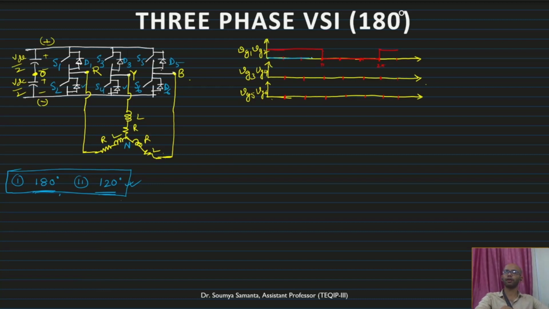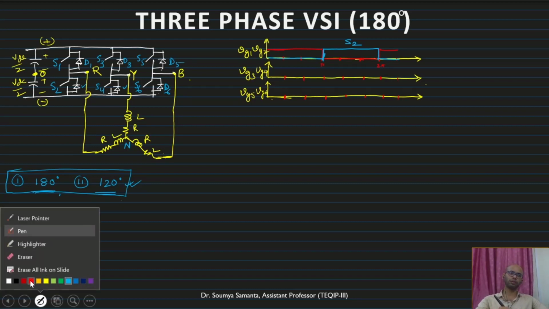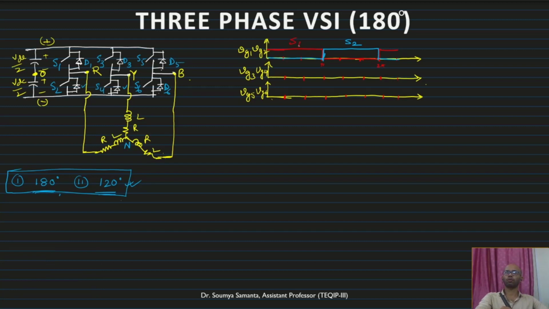Switch 2 will be turned off initially, then considering an ideal switch, immediately it will turn on and it will be on till this time and then it will turn off. So this is switch 2, and this is switch 1. This is for one leg completed, leg 1.